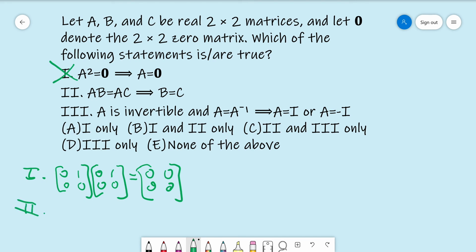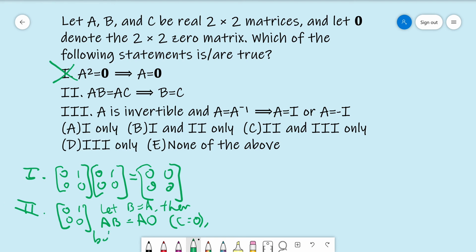For the second property, well, we can use the same matrix. Here, let B equal A. Then AB equals A times the zero matrix, and we're letting C equal 0 here.